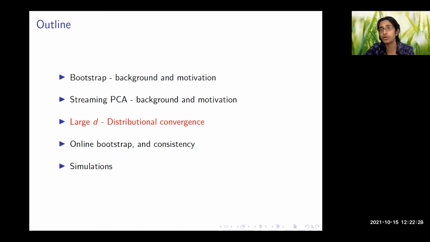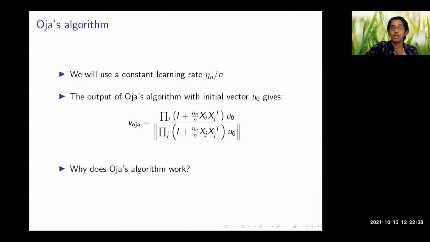So what I want to talk about is, can we establish a distributional convergence for the sine squared error? One of the things I want to clear up from the very beginning is that I'm going to use a constant learning rate.